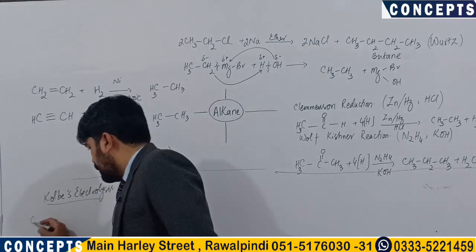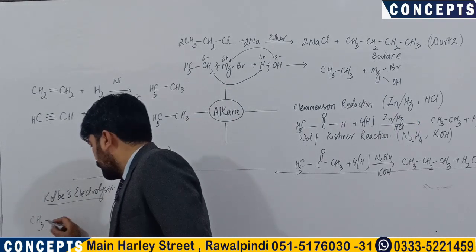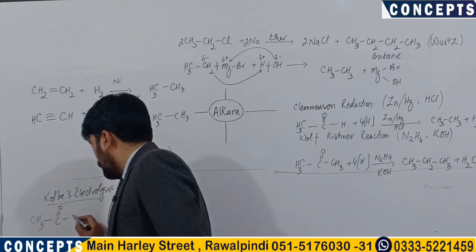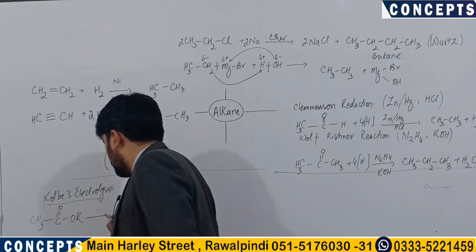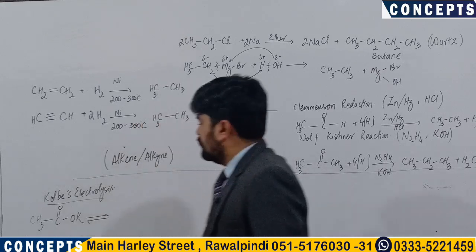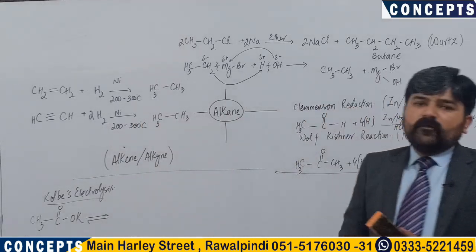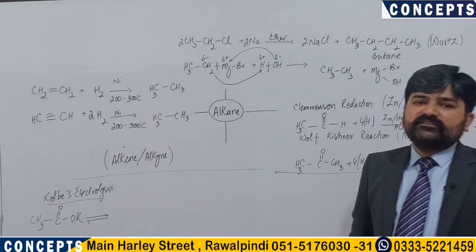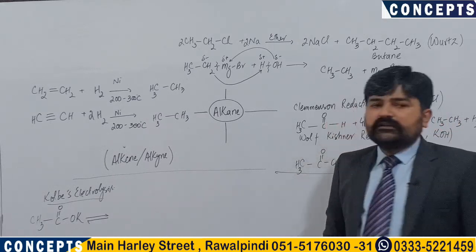Here we have a compound named potassium acetate. If I perform electrolysis reaction for potassium acetate, I will get alkane as a product.